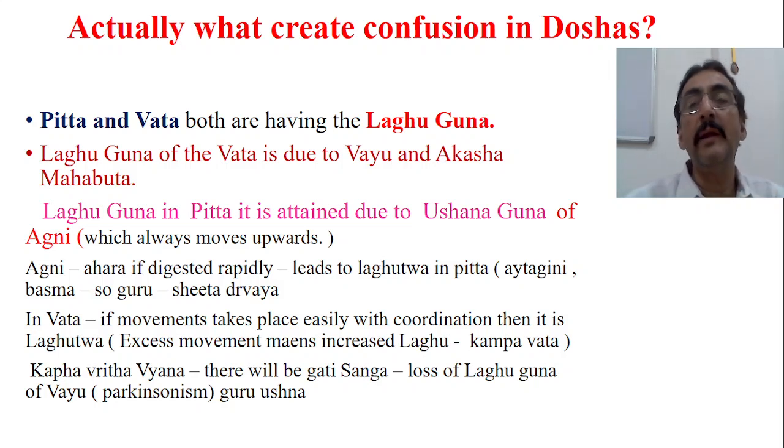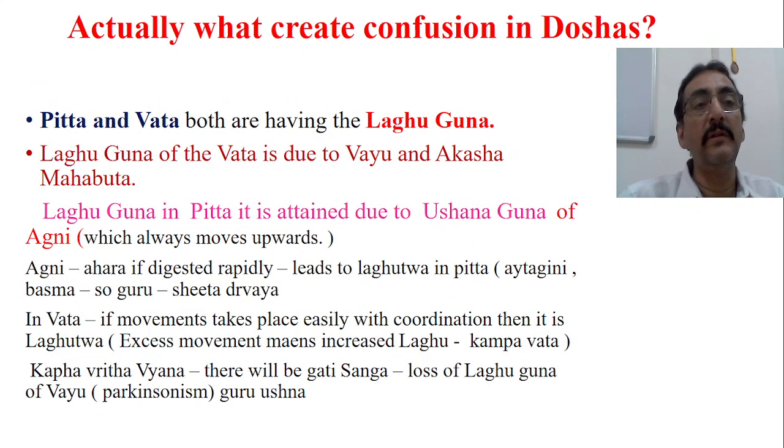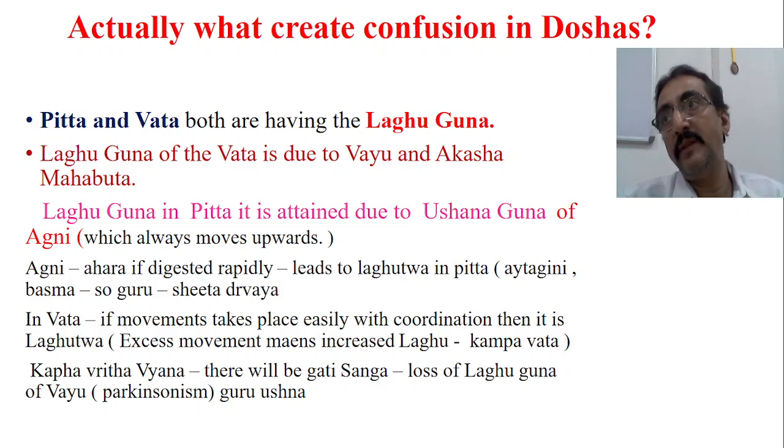This is how we understand this one quality, Laghu guna, in relation to Pitta and Vata. In Pitta, when Laghu guna increases it means Agni increases, because the natural tendency of Agni to move upward is due to Laghu guna. So if Pitta increases, the Laghu guna in the body increases. This is about this particular quality. In the next class we will see the next one.